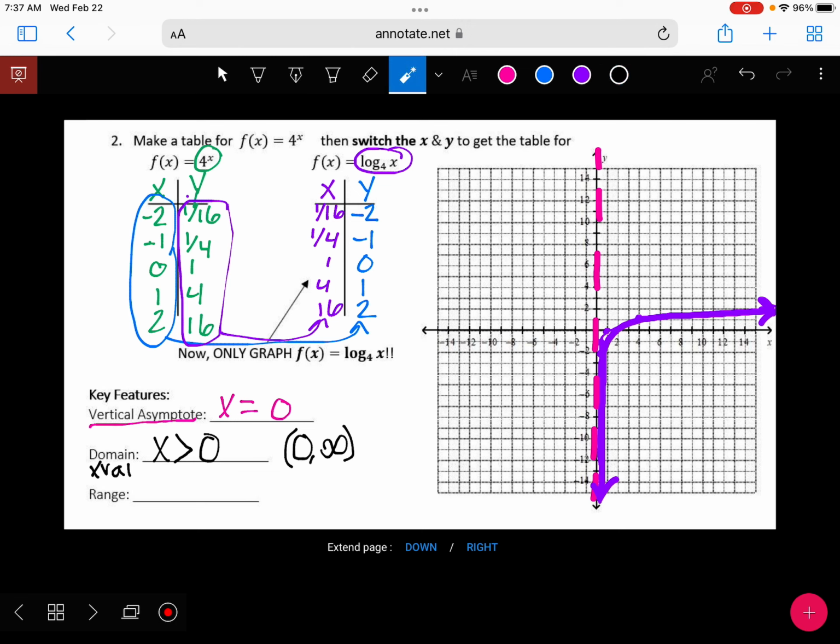I've got arrows going this way. It's going negative. And this looks like it's going really, really far sideways, but it is also going up. It's just going up real, real slow. So it will eventually get all the way up there. So our range is all real numbers, or negative infinity to positive infinity.